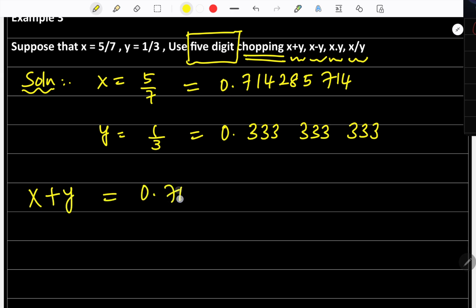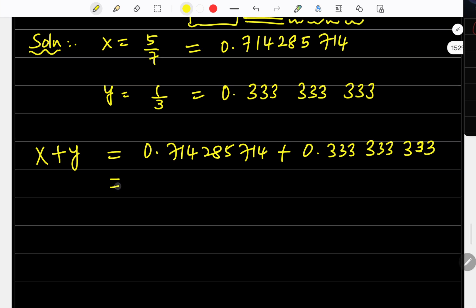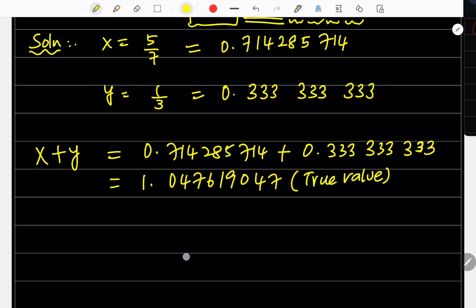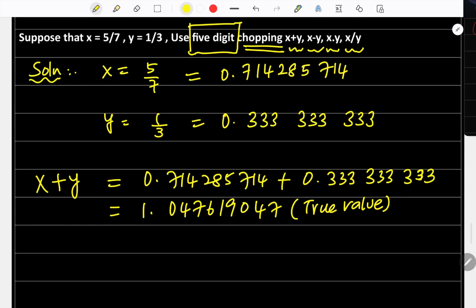So x is 0.714285714 plus 0.333333. You can do it directly in the calculator, which is equal to 1.047619047. Normally we call it the true value, right? Now we are going to approximate it.